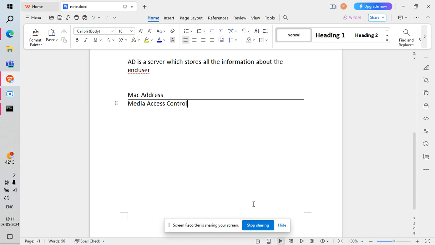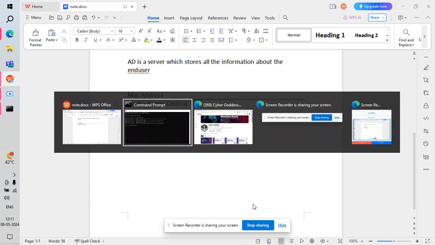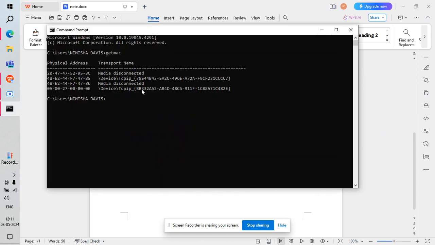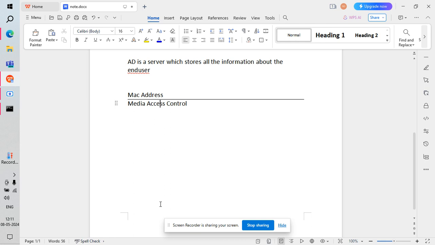A MAC address is typically represented as a series of six pairs of hexadecimal digits, separated by colons, hyphens, or not separated at all. For example, like this. Each MAC address is globally unique.